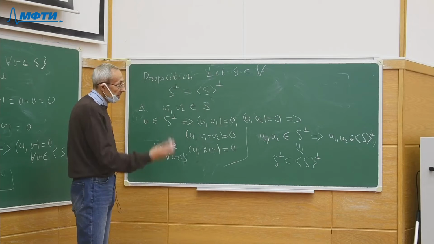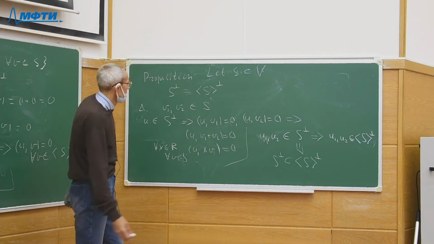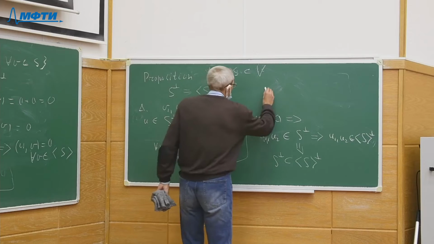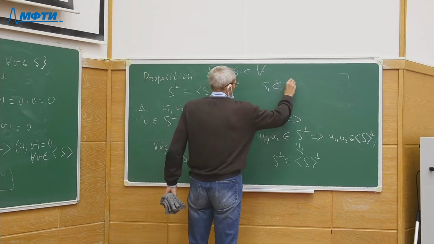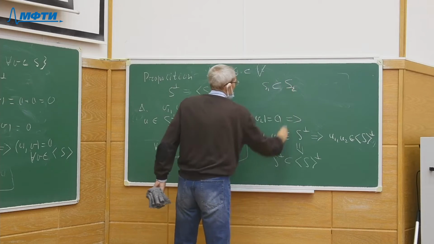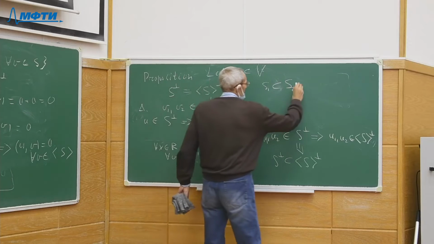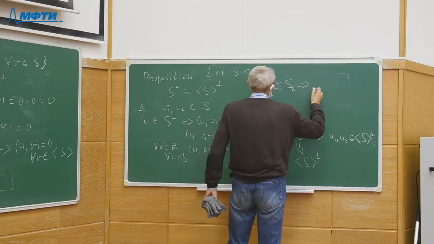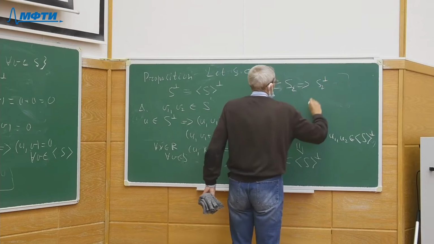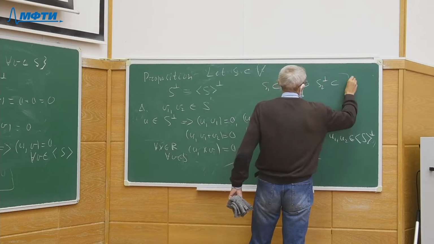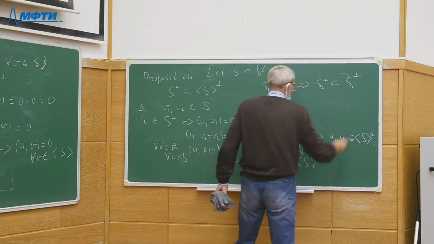The inverse inclusion is evident, because if we have an inclusion S1 in S2, it is easy to see that it follows that S2 perpendicular is contained in S1 perpendicular.